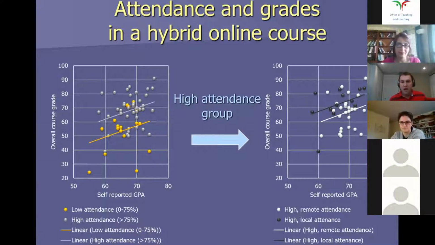And here it is interesting that attending locally was about a 7 or 8% difference on average in terms of grade. So there was a slight benefit to attending face-to-face.